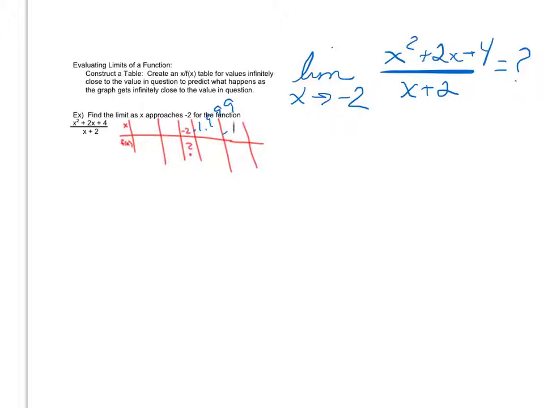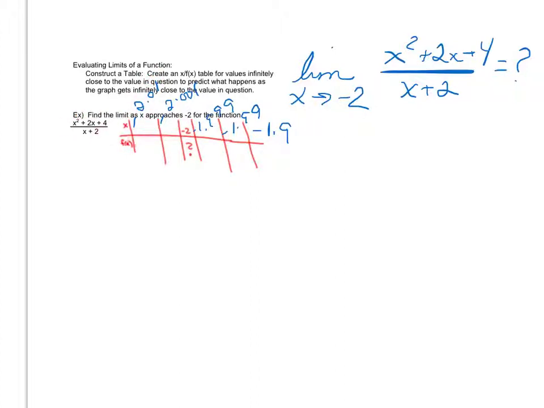And how about -1.99? And how about -1.9? I didn't leave the boxes big enough for my writing here, sorry about that. And then picking values that are really close to -2 but smaller, how about I do -2.001 and -2.01.